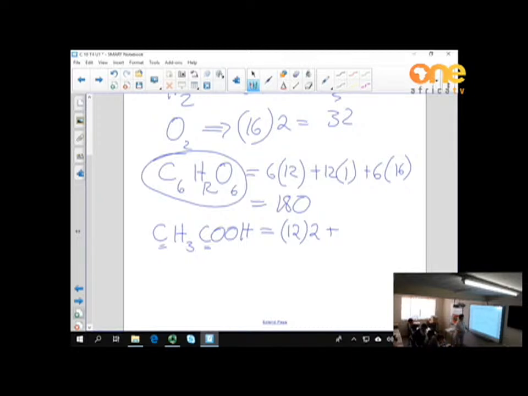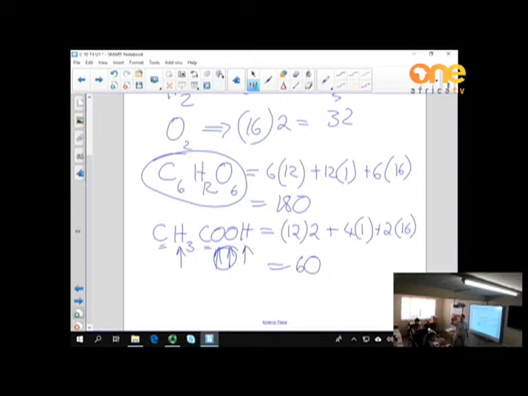How many hydrogens are there? 4. So we have 4 times 1. And the other element that is left is oxygen. How many oxygens are there? 2 times 16. So the relative molecular mass of ethanoic acid, which is vinegar, is going to be 60.